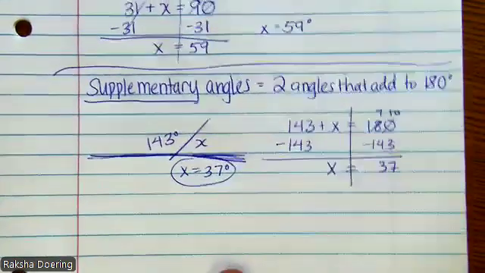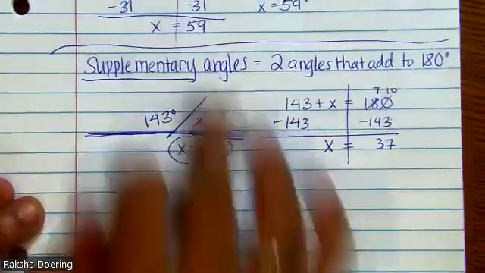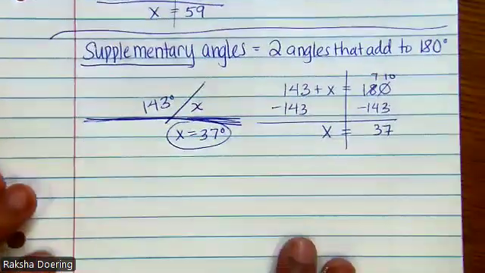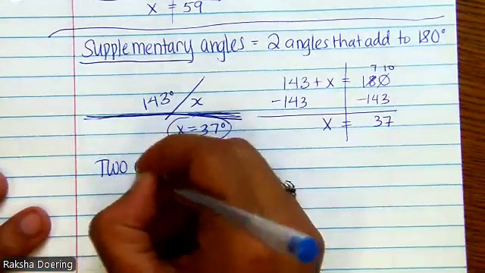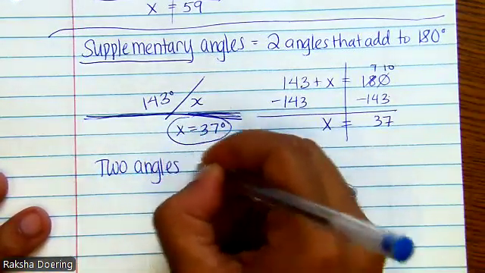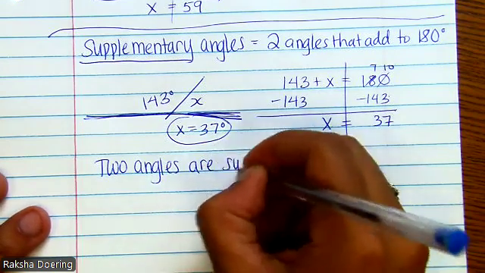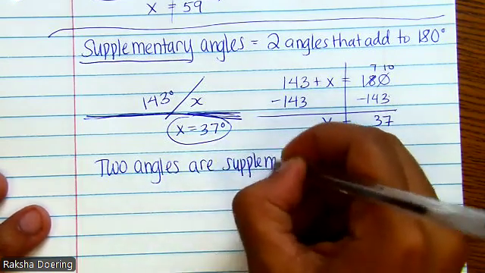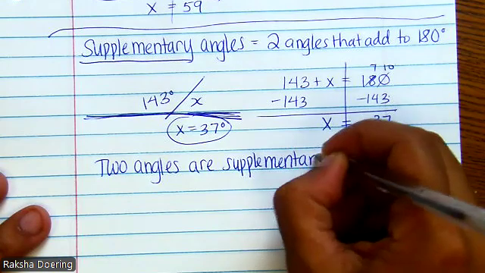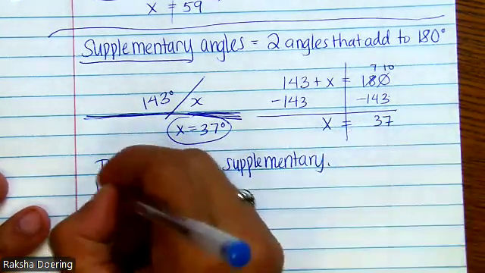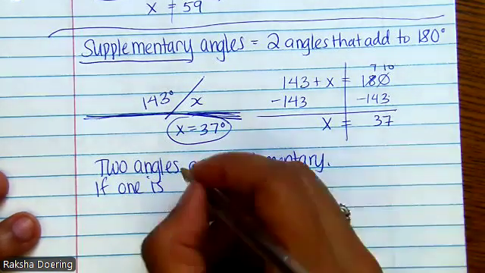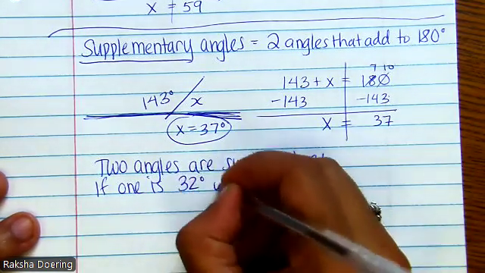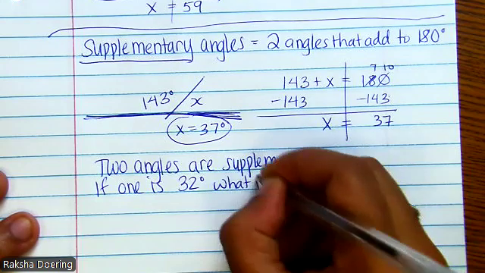Or similarly to the first example, I could ask it in words. So I could say two angles are supplementary, if one is 32 degrees, what is the other one?